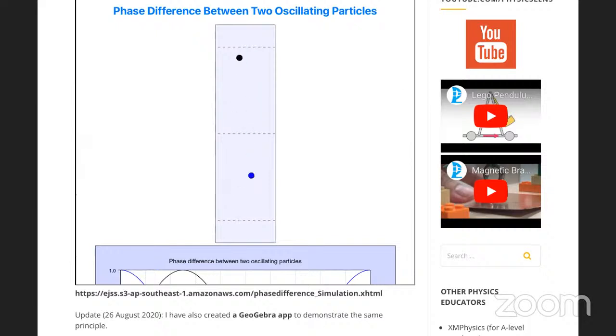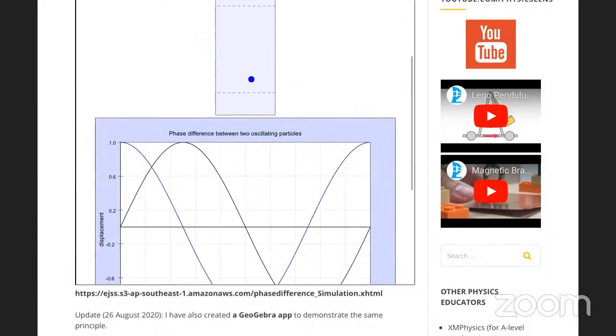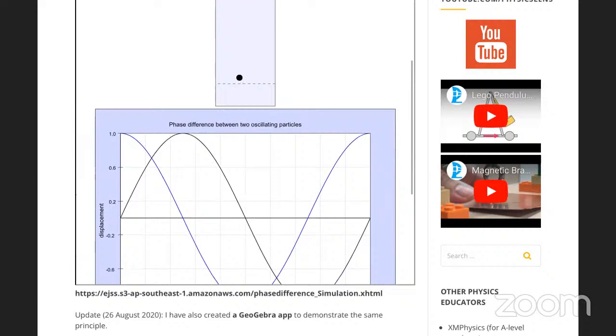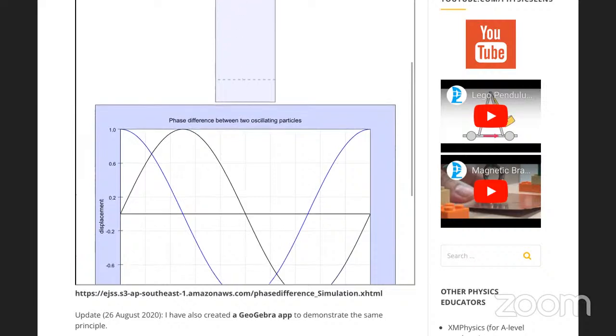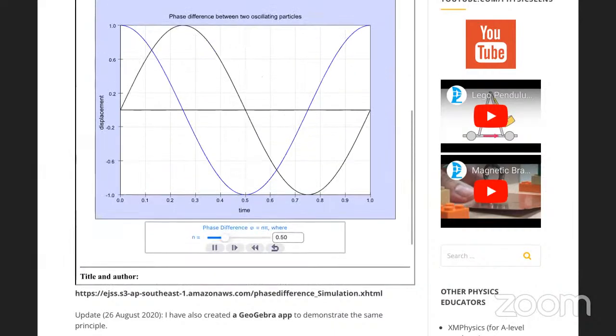Look at your graph. Who is hitting the spots first? Blue or black? Look, blue is reaching the top first. And look at the graph here. If you look at the graph, the blue line reaches the equilibrium point before.